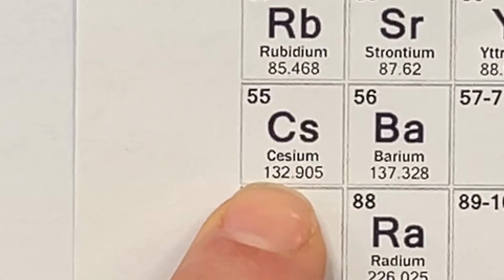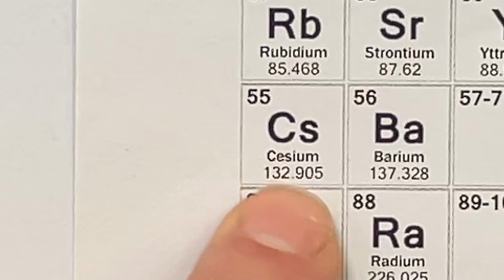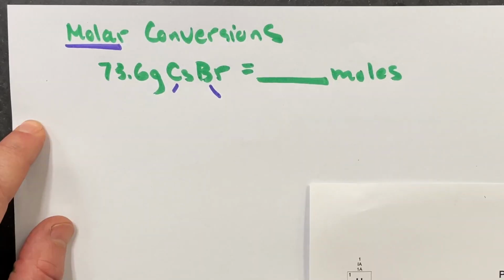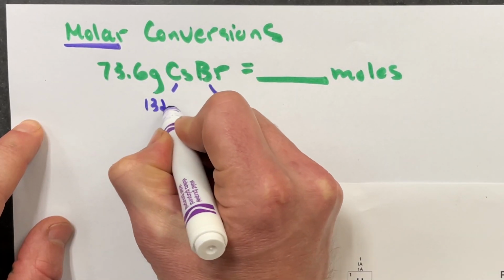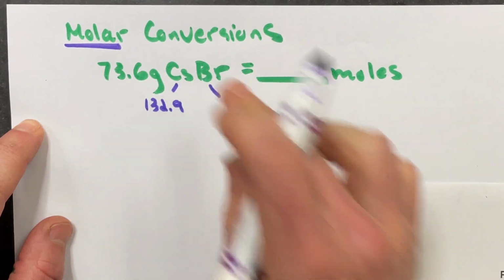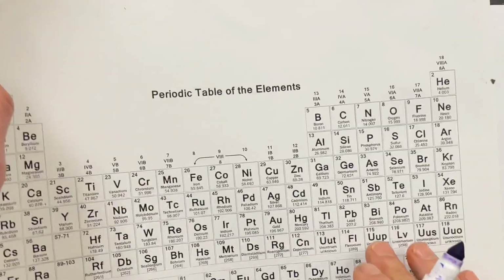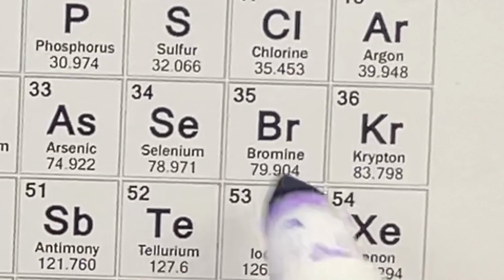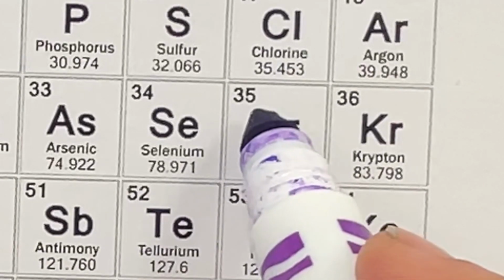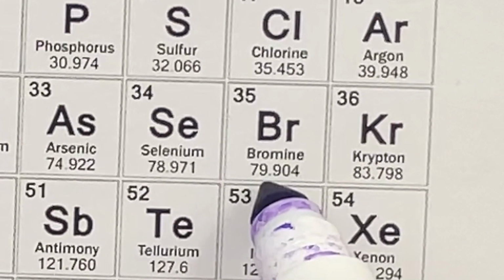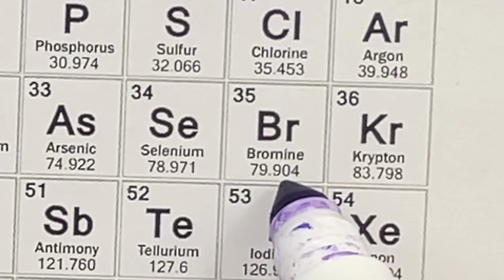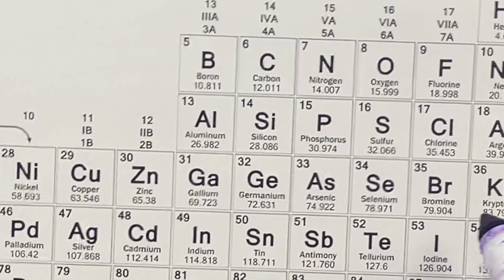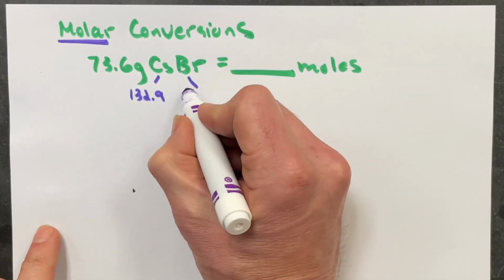The bigger number is our molar number, so 132.9. And bromide, let's find that one right here. 35 is the number of protons, that's the atomic number, and 79.9 is our molar mass. We'll jot that one down, 79.9.